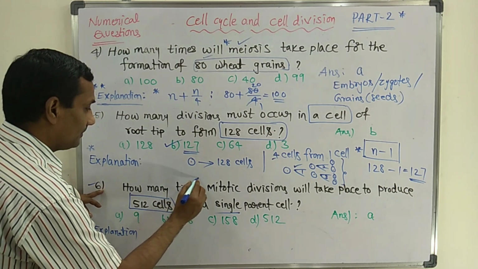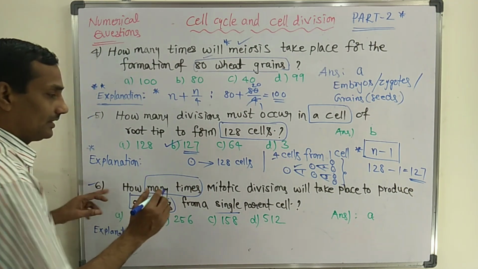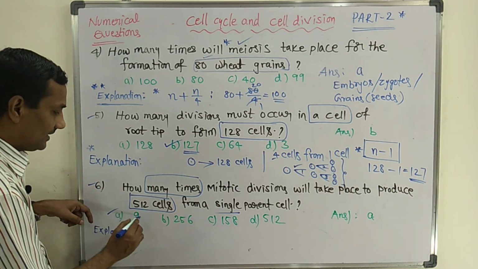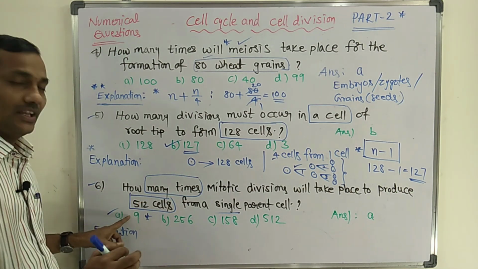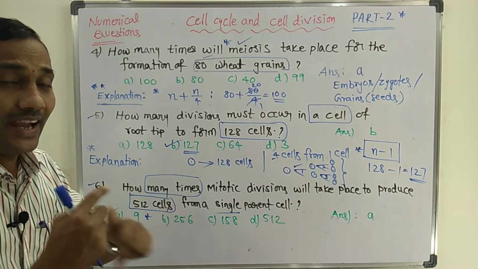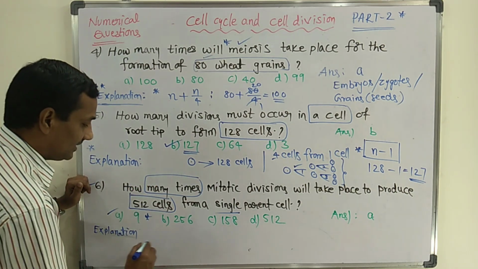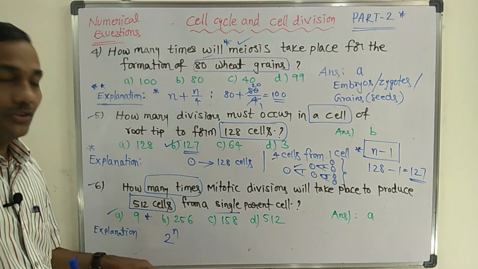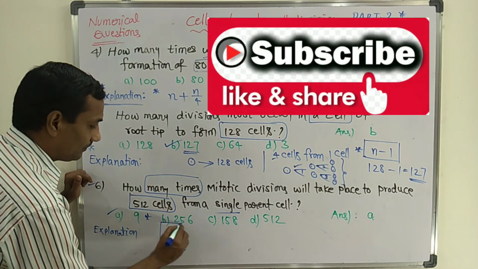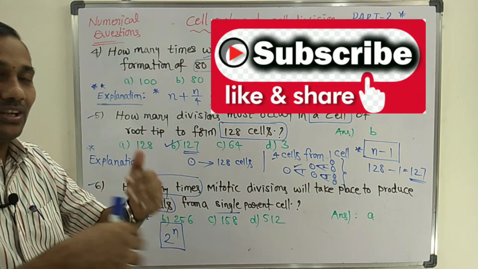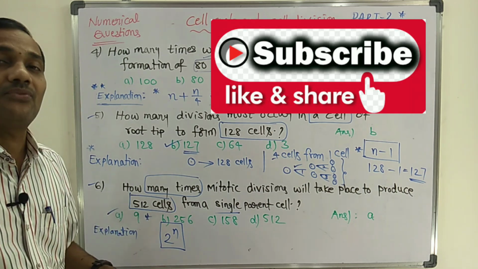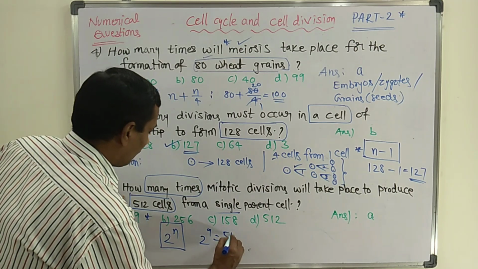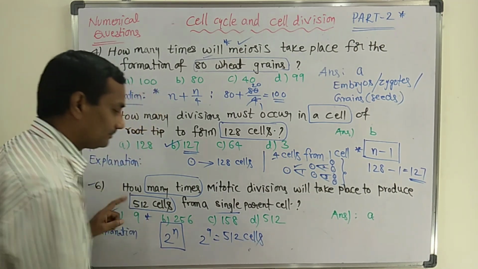How many times means they are asking about mitotic generations. The correct answer is A, 9 generations, 9 times. Here you have to follow one formula, 2 to the power of n. 2 to the power of 9 means you will get 512 cells.